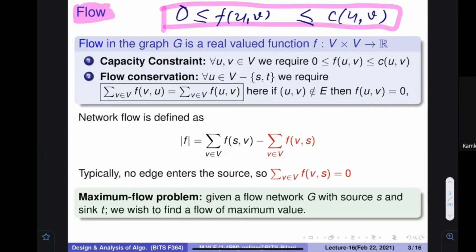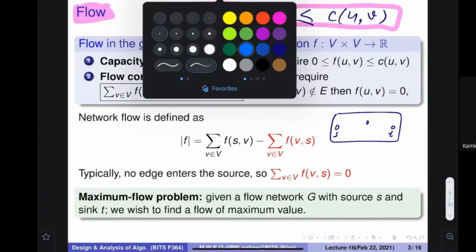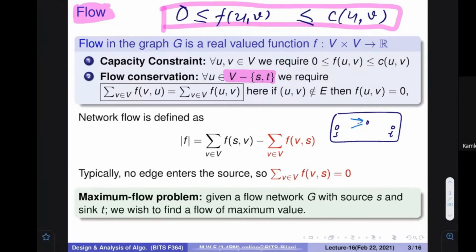One thing is very interesting to see: if I create a set where I remove S and T, for all other nodes, whatever is coming into a particular node is the summation of whatever is going out. On this particular node, whatever is coming in is what is going out.